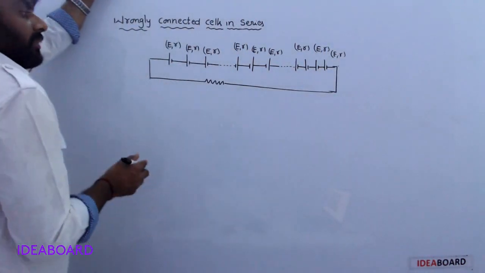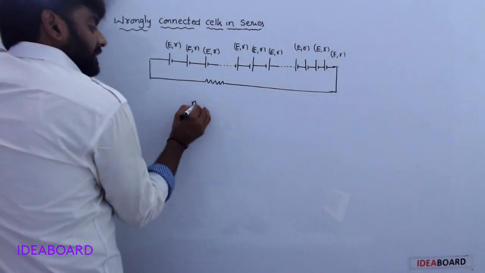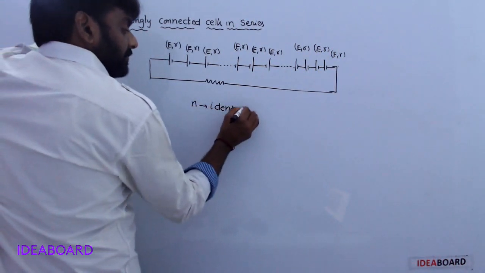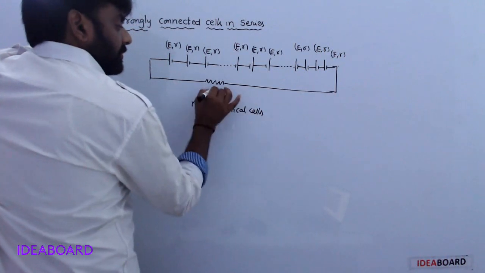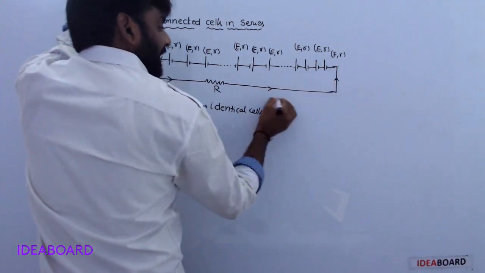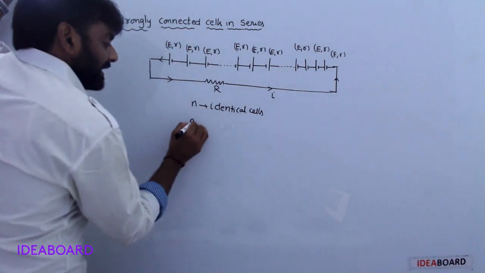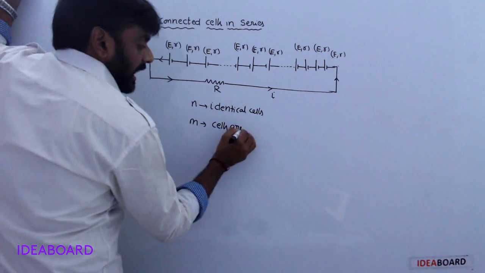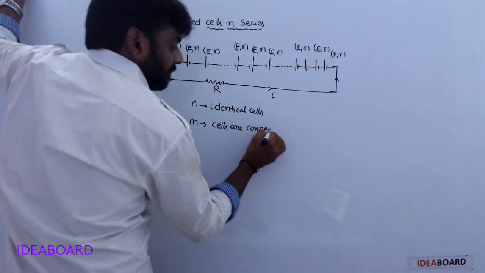See here, total N identical cells. How many cells are connected wrongly? M cells are connected in the wrong way.